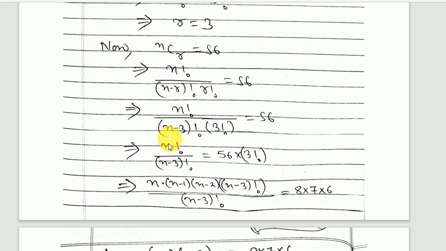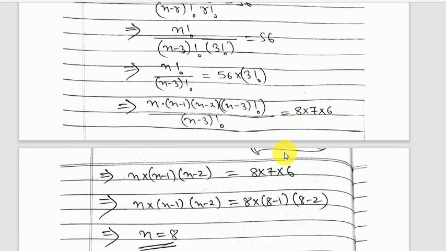So this factorial N can be written as N into N minus 1 into N minus 2 into factorial N minus 3, and down we can write factorial N minus 3, and this factorial 3 can be taken on the right hand side.